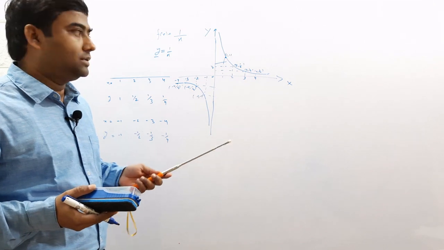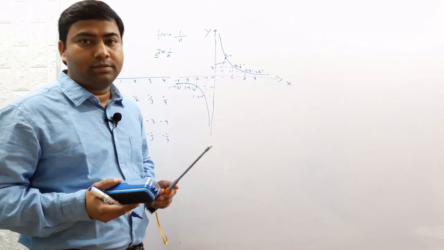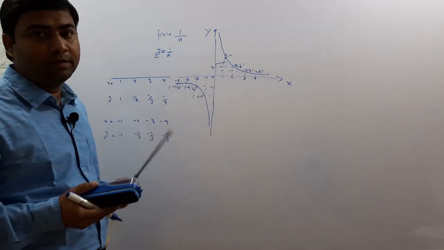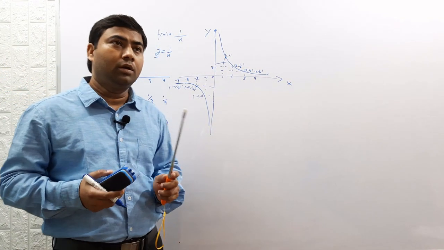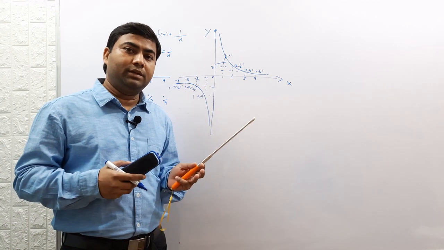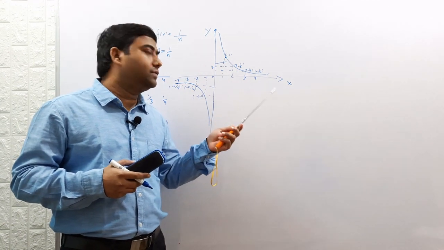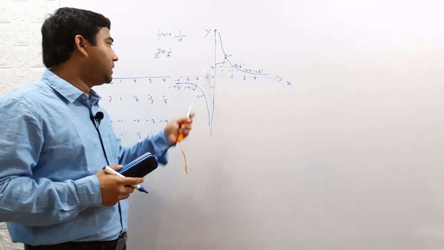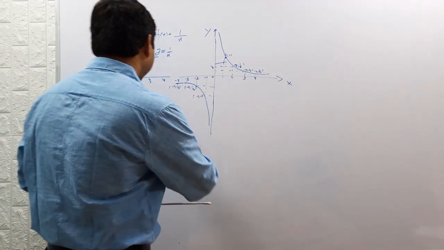We will never attain the value x equal to infinity, and when x is 0 this function will be undefined. So it will never happen that the curve touches it, but it tends to touch it. So these lines are called asymptotes.